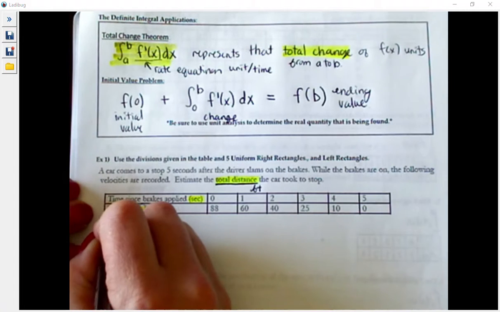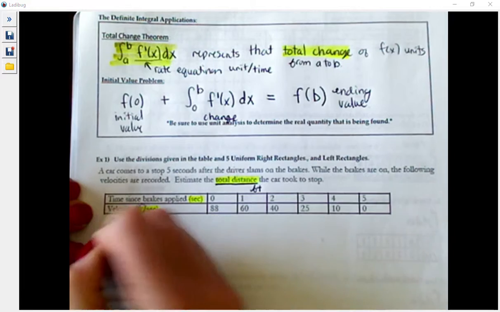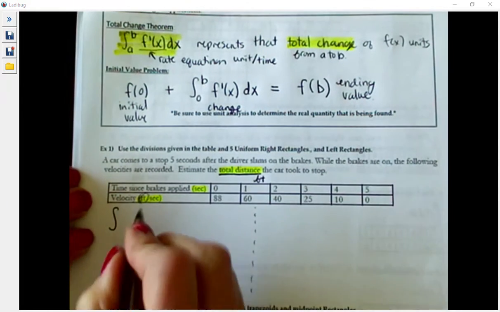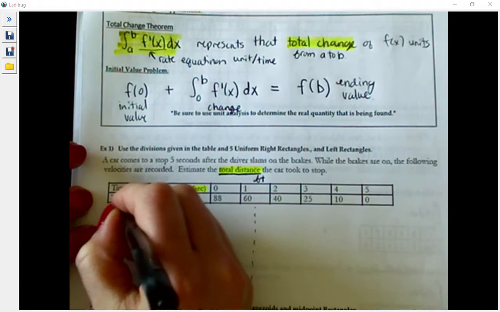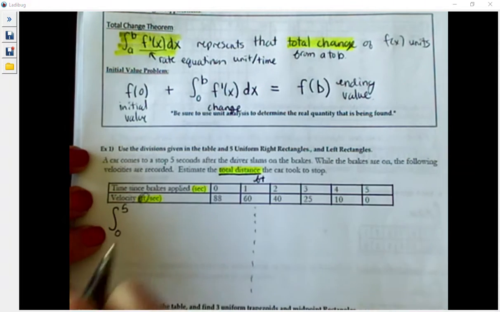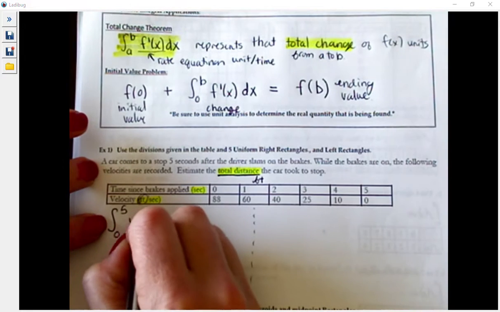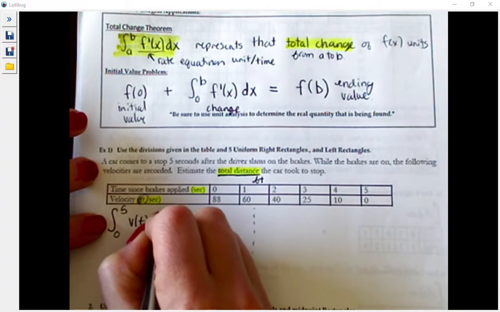So we're going to write the integral down here, on the left side, from 0 to 5, velocity dt.